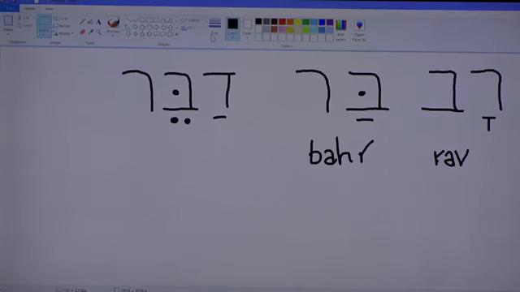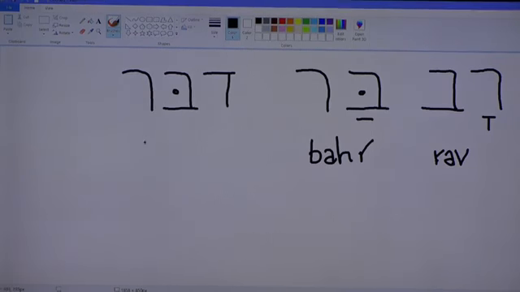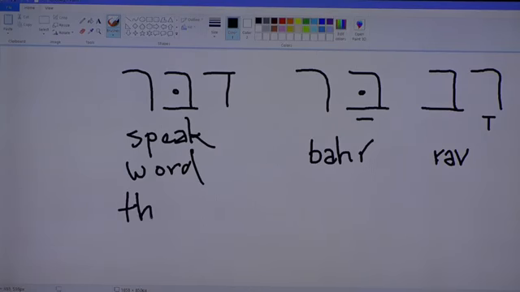In Hebrew, there is a 3-letter root. And if we took these and deleted them, this is a 3-letter root. Daled, bet, resh. And it can mean speak, word, thing.